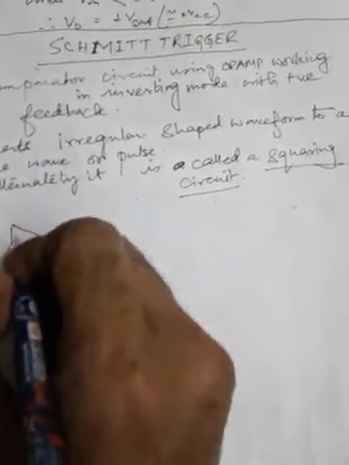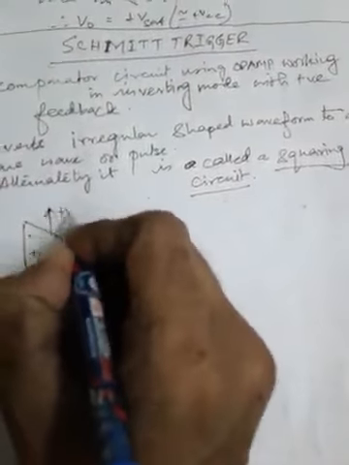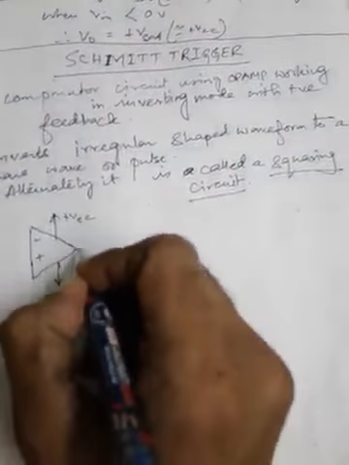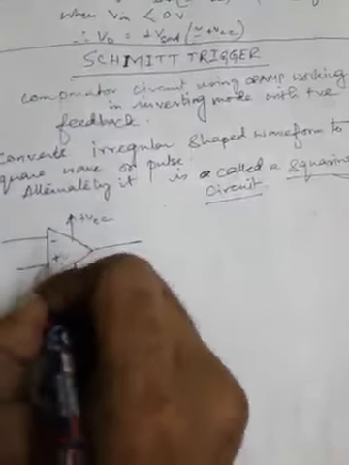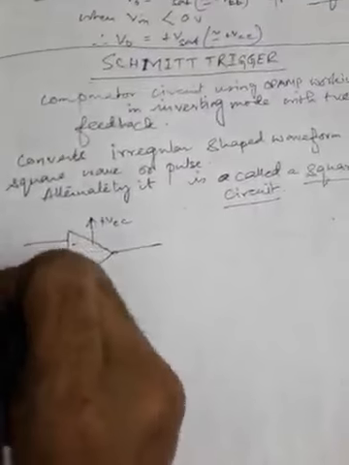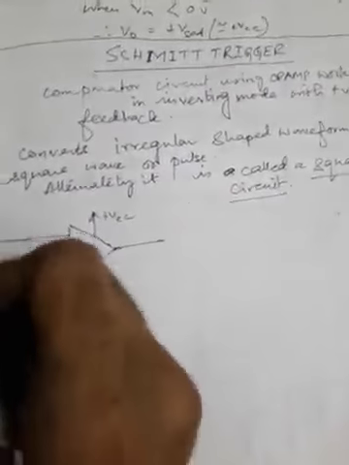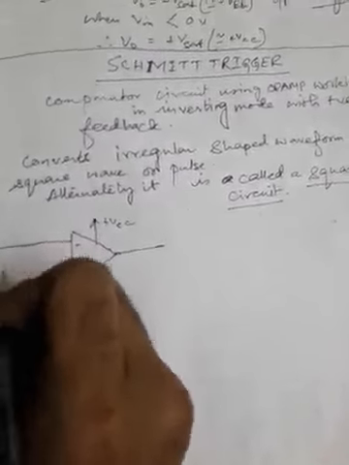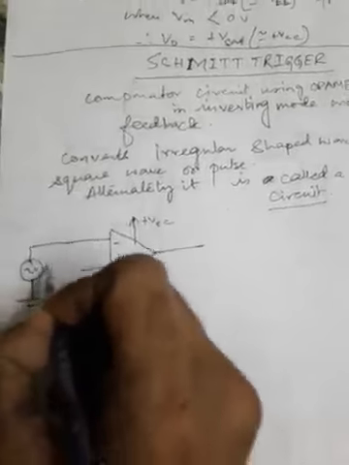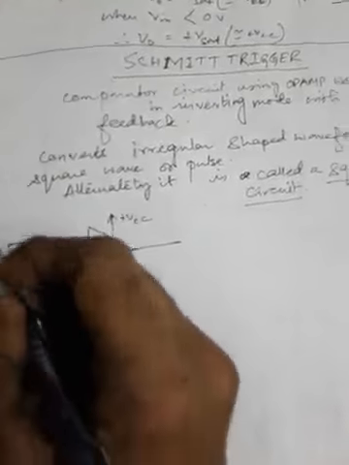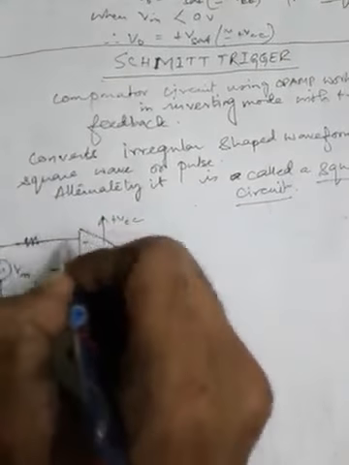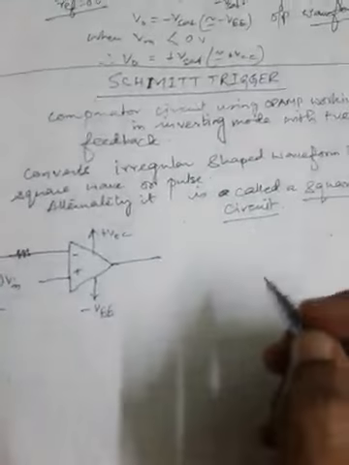So this is an op-amp. And since it is working in inverting mode, at the inverting terminal the input voltage Vin is being applied as the alternating signal source, and it is connected through a resistance into the inverting terminal.